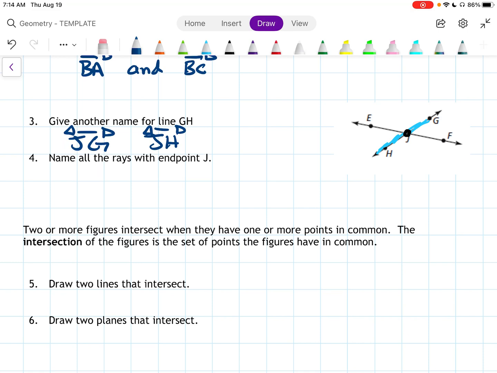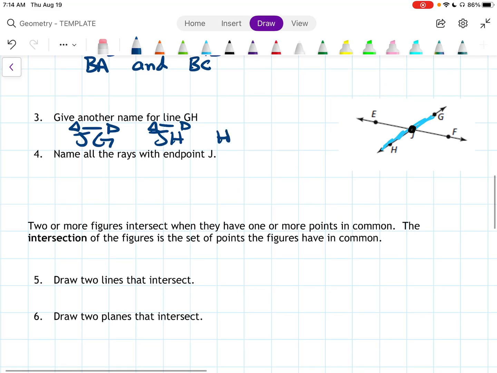Or we could swap the letters and say line HG. Those would all be appropriate answers. And I think there's even more appropriate answers. You could swap the letters of those and it would be talking about the same line. On your homework, whenever it says give another name for a line or a plane or something, you only need to list one of them, okay? Here I listed 3 just for example purposes.